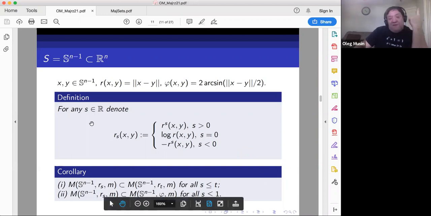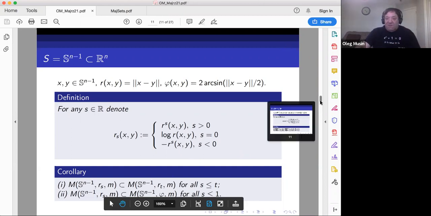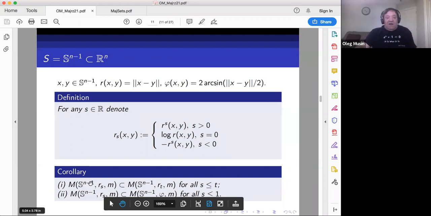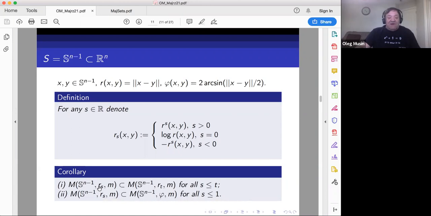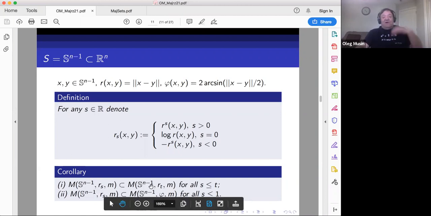Of course, the previous theorem immediately implies this theorem: if s is less than t, then M sets with rho equals rho s are also M sets with rho equals rho t.